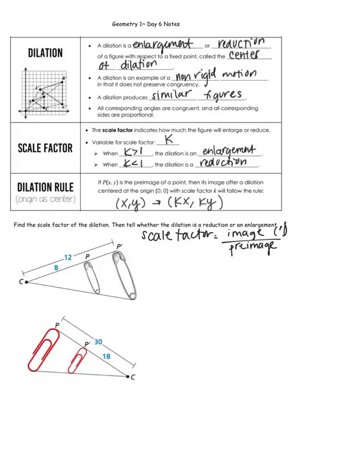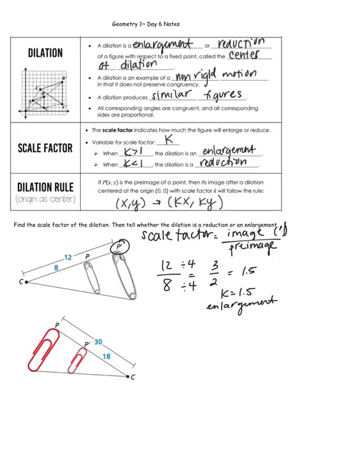So the image size here is 12 over our pre-image, which is 8. We have to reduce this. 12 divided by 8, let's divide the top and the bottom by 4, and we get 3 over 2. So that's 1.5. So K equals 1.5, and this is an enlargement because it's greater than 1.